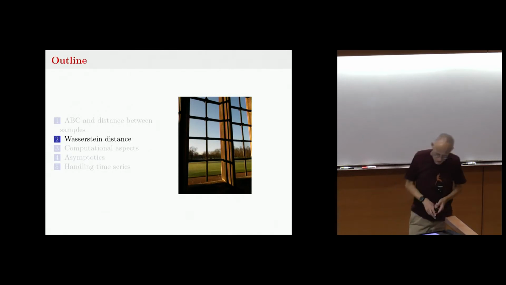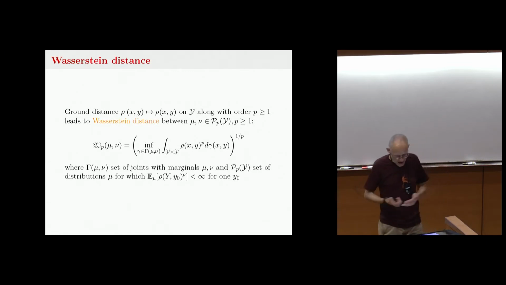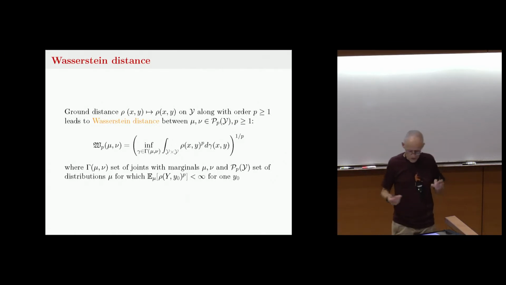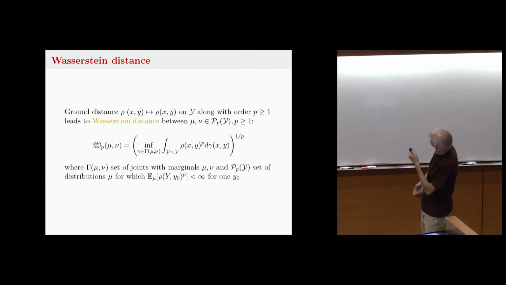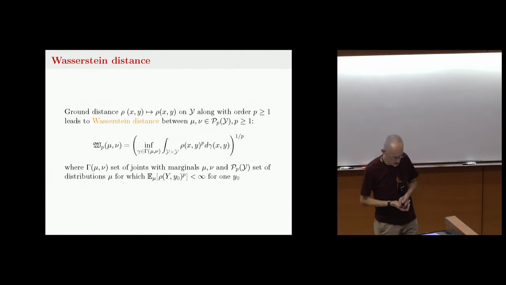So a few words about Wasserstein distance. I mean, as a general concept, it's a way to compare two distributions by looking at the maximal proximity between random variables from both mu and nu, rho being an arbitrary type of distance between the points x and y.